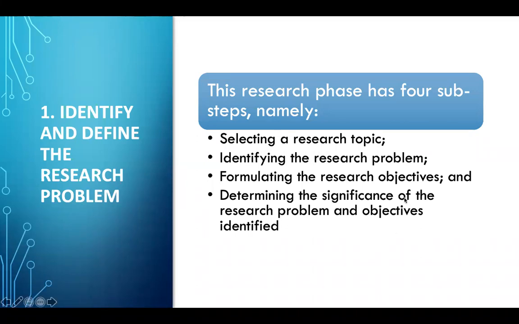It has four sub-steps: selecting a research topic, identifying the research problem, formulating the research objectives, and determining the significance of the research problem and objectives identified. So that is all in the first step: the research problem or the topic, then the objectives and the significance of the study.